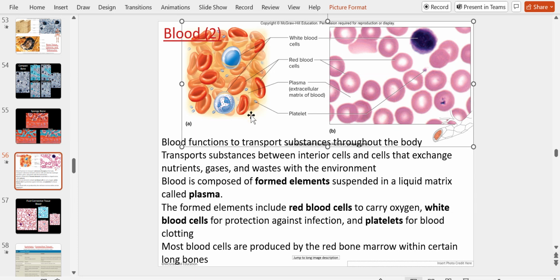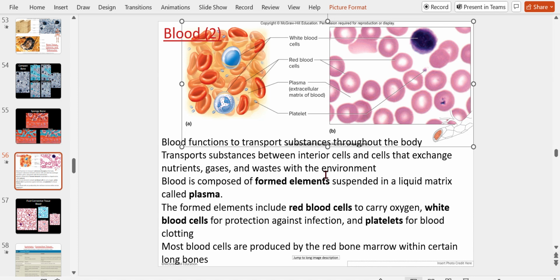Blood functions to transport substances through the body: nutrients, gas, and waste products. Blood is composed of formed elements suspended in a liquid matrix called plasma.